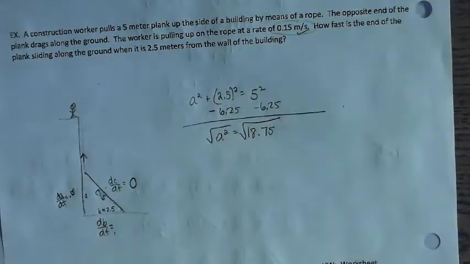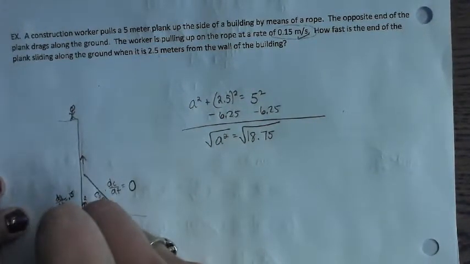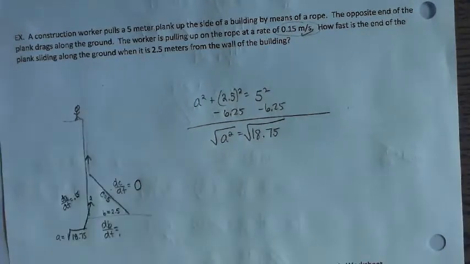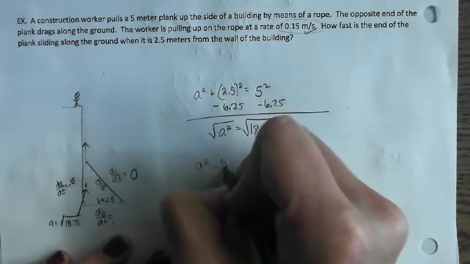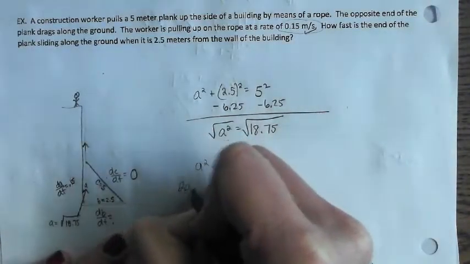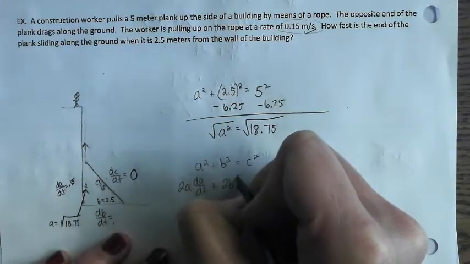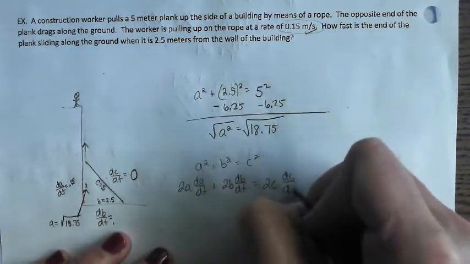Square root. So A equals the square root of 18.75. Probably definitely calculator one. And so we can derive A squared plus B squared equals C squared: 2A dA/dt plus 2B dB/dt equals 2C dC/dt.